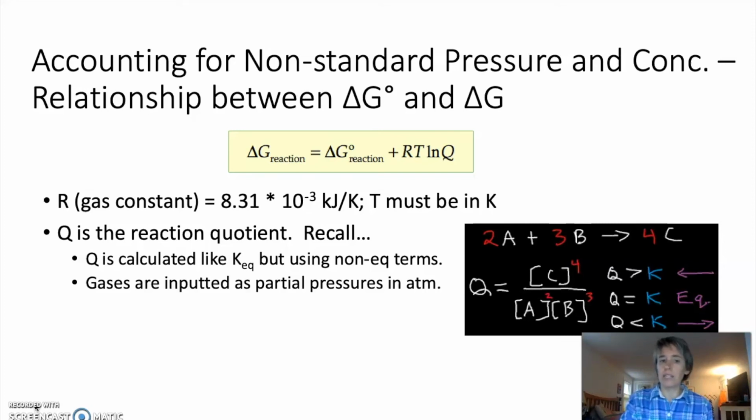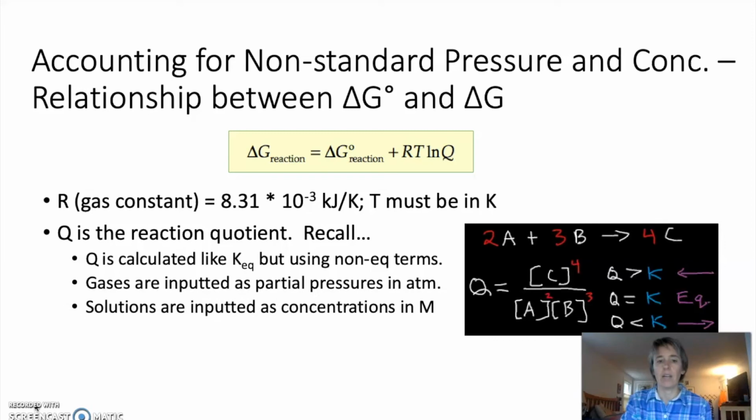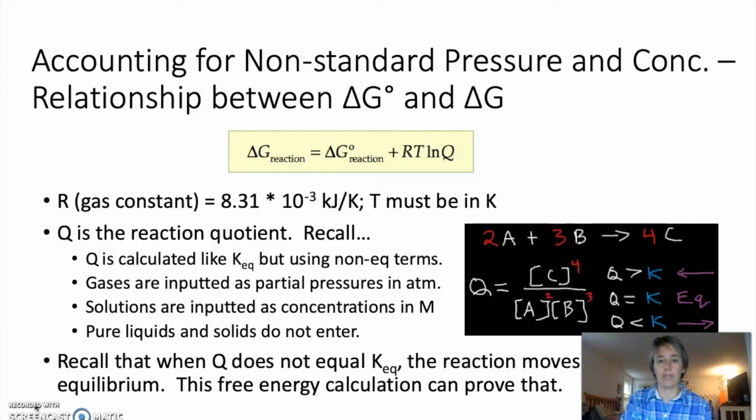When we're calculating Q, gases are inputted as partial pressures in atmospheres. I know some examples previously we might have used molarity for gases just to keep things simple, but in this application, we need to use the pressure of the gas. Solutions have to be given in concentrations of molarity. And as you probably recall, liquids and solids are not inputted into the equilibrium constant K or the Q calculation.